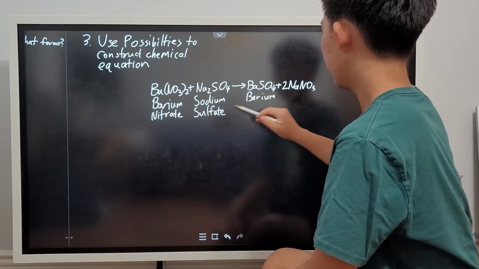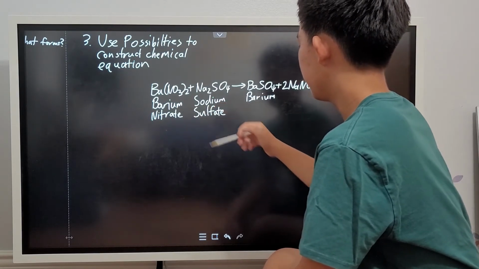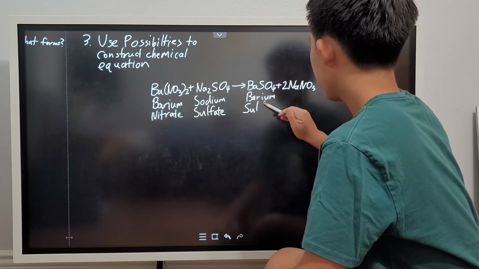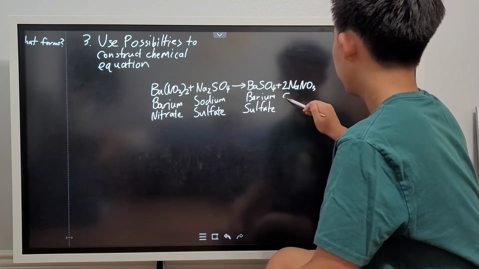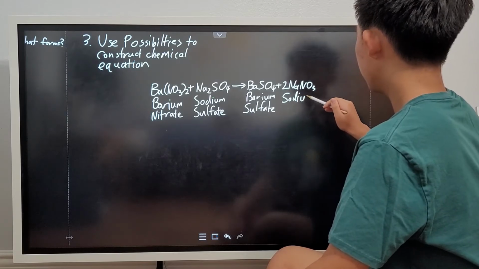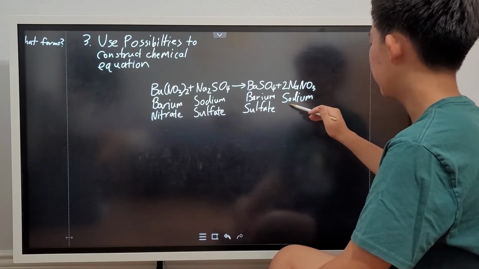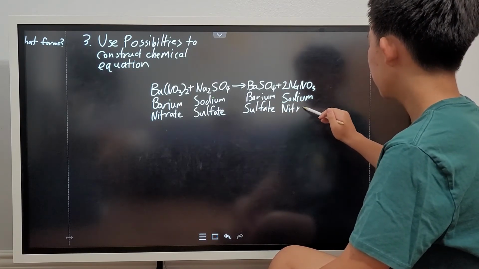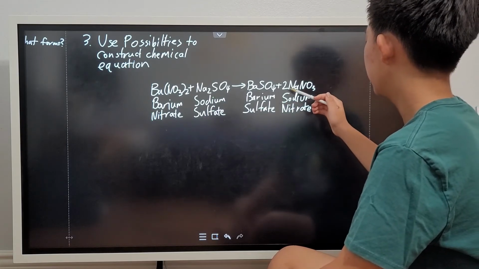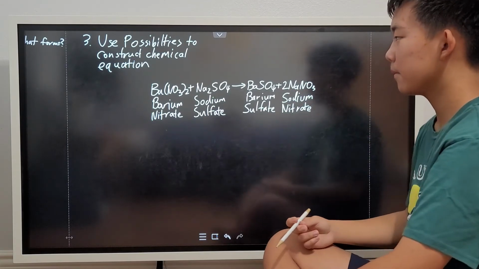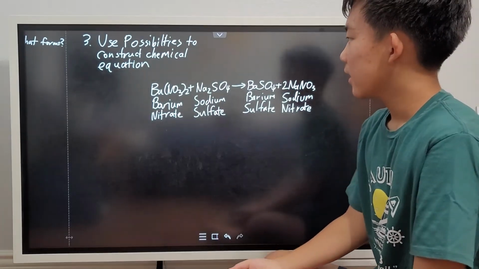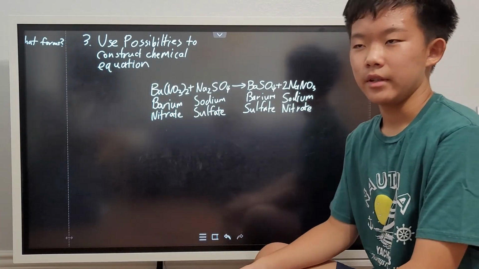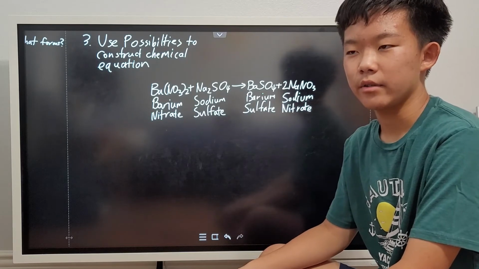Makes sense, right? The anions switch places, and sodium nitrate. Now because the subscript of sodium and nitrate is 2, it's only logical to make the coefficient of sodium nitrate 2. So that's how you figure out what is present in a double displacement reaction.